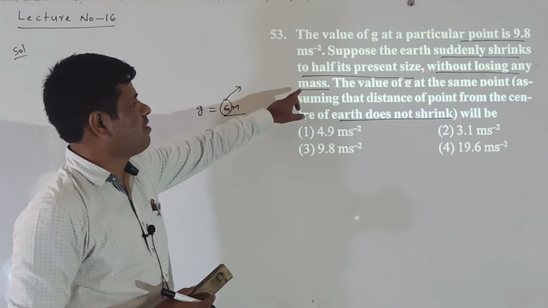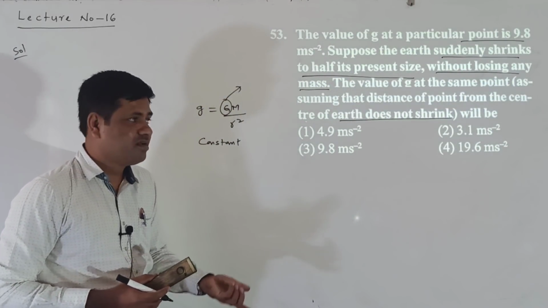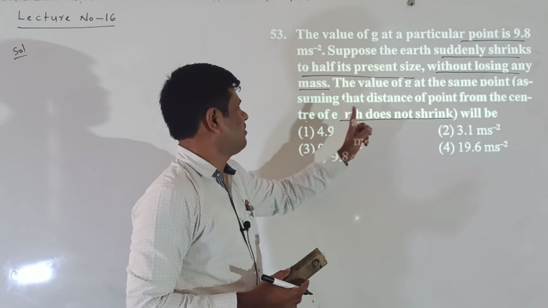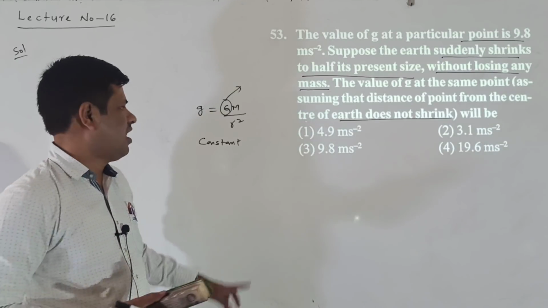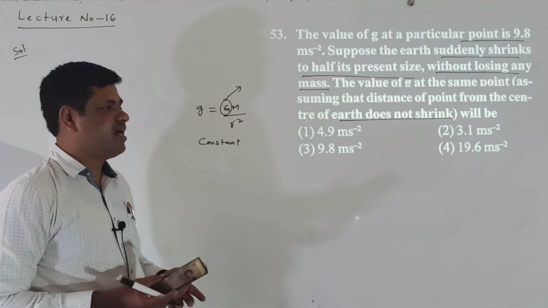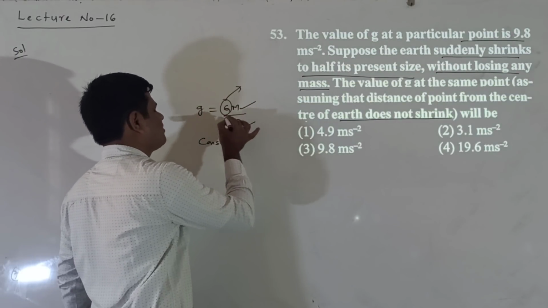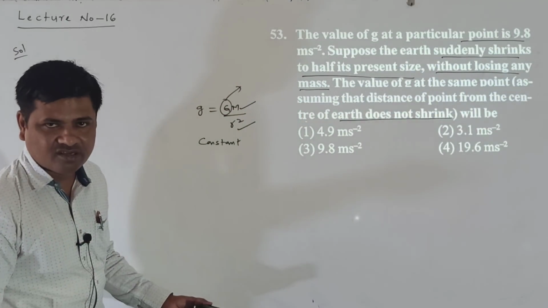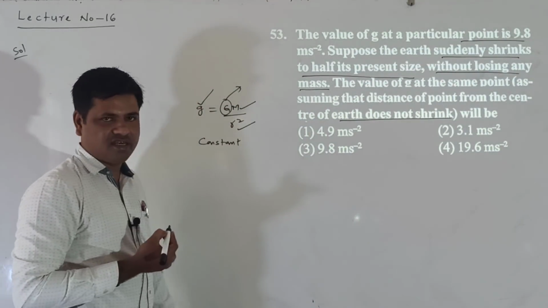Without losing mass, means earth cannot lose mass, it is the same. Distance of the point from the center of earth does not sink, means the distance R is also the same. Suppose mass does not change, r square does not change, capital G also does not change because it is a constant value. So small g value also does not change.